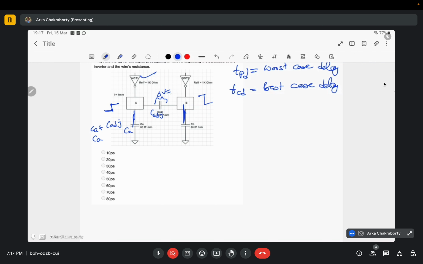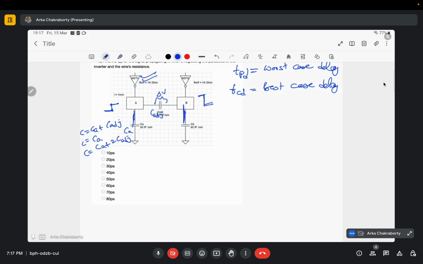Because one is changing from low to high and the other from high to low, the effect on C adjacent will be double. So this circuit needs to charge Ca plus 2 times C adjacent amount of capacitance, correct?